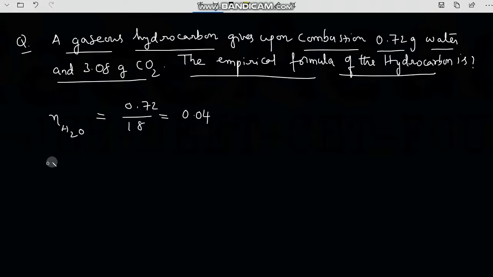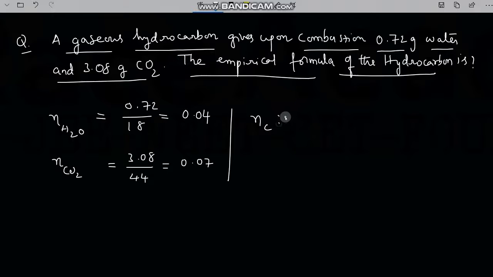Now, what is the number of moles of CO2? That also we will find out. They have given 3.08 grams of CO2. CO2 molar mass is 44. If we simplify this one, we will get 0.07 as the number of moles of CO2. Now, we can take the ratio of the number of moles of carbon to the number of moles of hydrogen in these compounds.